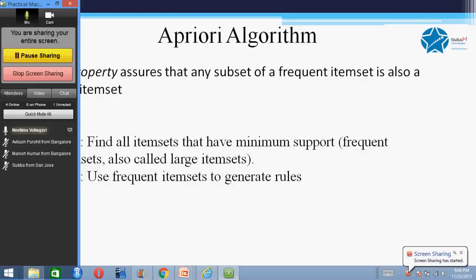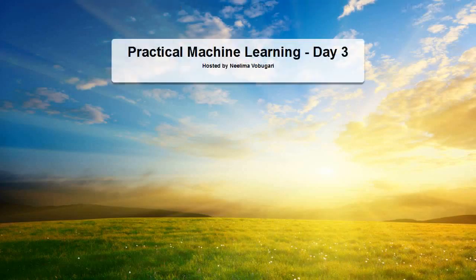Then we start to look at expanding that to the next set by adding one more element to the current set. We find that the only elements which have to be dropped are the combinations 1, 2 and 1, 5 because they're below the minimum support. Then from 1, 3, 2, 3 and 2, 5, 3, 5, which have more than the minimum support, we expand with another item.